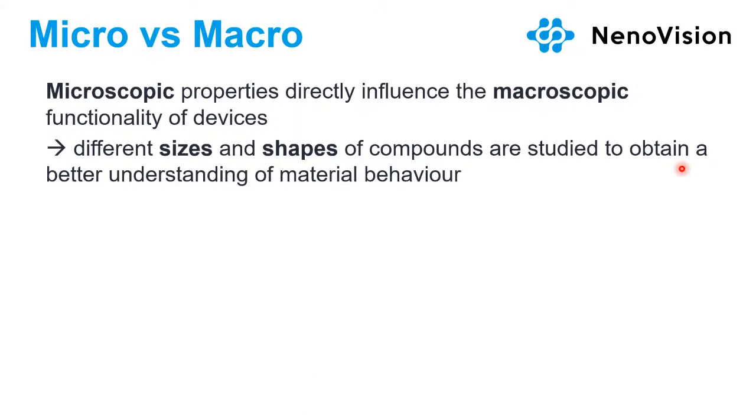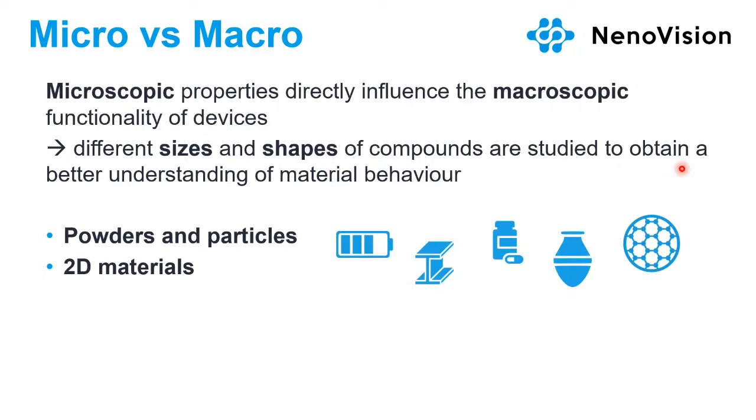In order to understand the macroscopic properties of devices, we need to have a look at lower ranges. So we need to have a look at microscopic properties. It is important to know the sizes and shapes of compounds, and for that reason they are studied, and we try to understand the material behavior better.